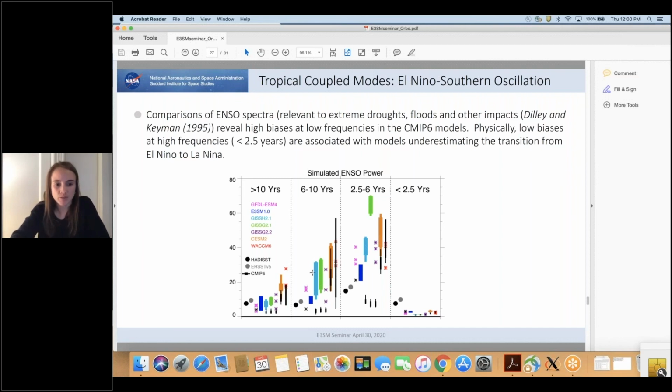For example, in the GISS submissions, the amplitude of ENSO has actually increased relative to CMIP5, where the amplitude of ENSO was actually smaller than observed. Same thing can be seen in CSM.